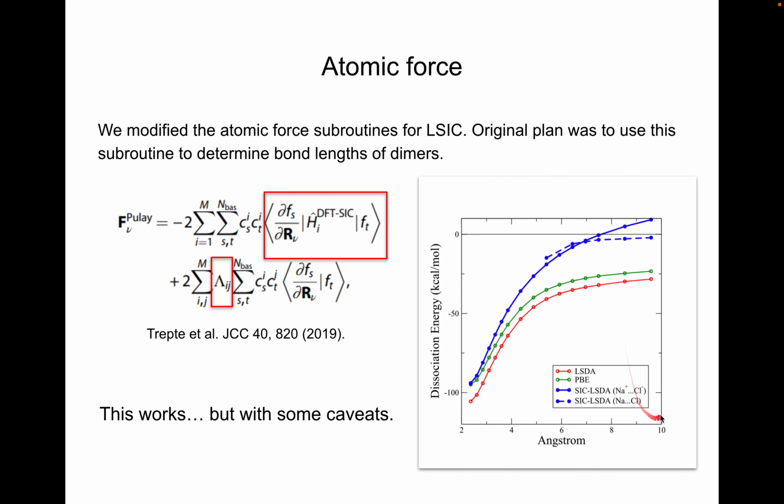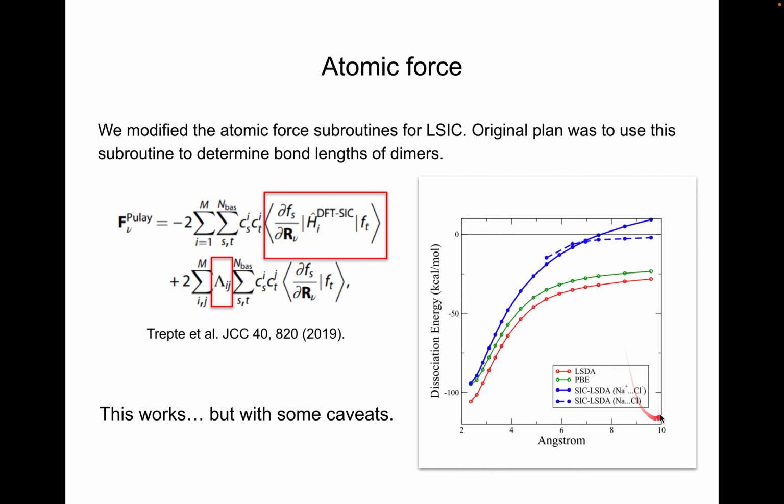The first thing we did was we took the FLOSIC code and replaced all of the analytical Coulomb routines with the numerical Coulomb solver routine. And we actually checked that everything works at that stage and proceeded with implementing the rest of the LSIC terms.